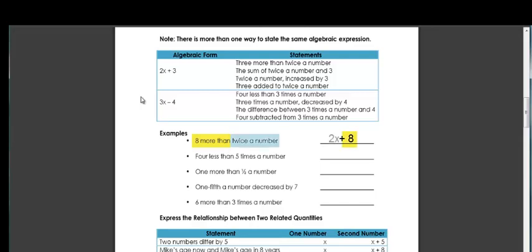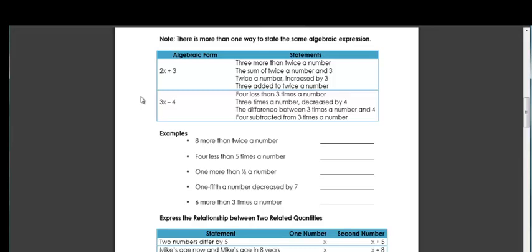So that'll be 2x. So you can write that as 8 plus 2x. Or if you wanted to, you could write it as 2x plus 8, however you want. I usually put my things with my variables first, so I'll probably write it as 2x plus 8. But either way is correct.